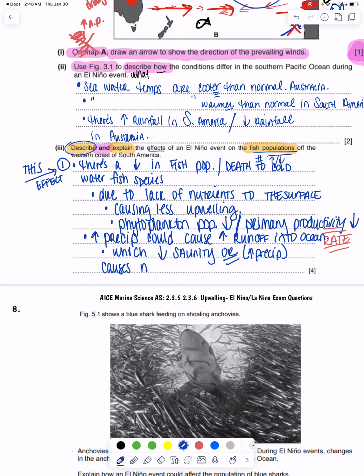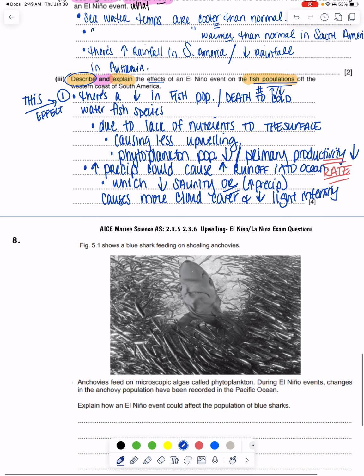causes more cloud cover and a decrease in light intensity for photosynthesis. And there's one more, it's just like an overall statement.